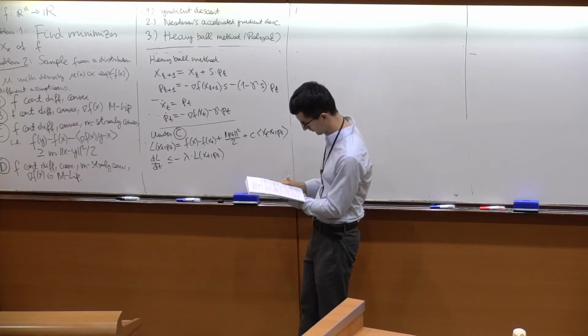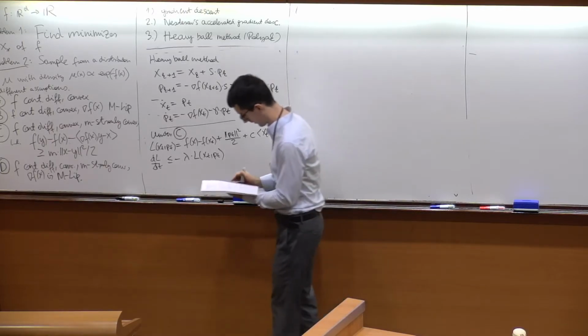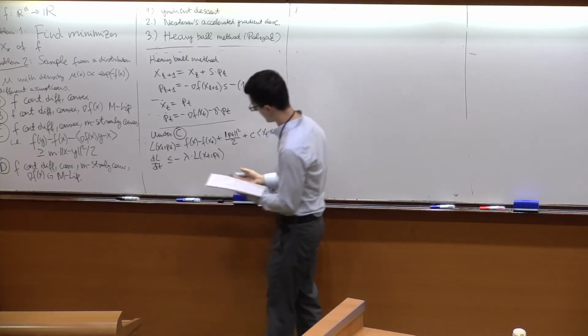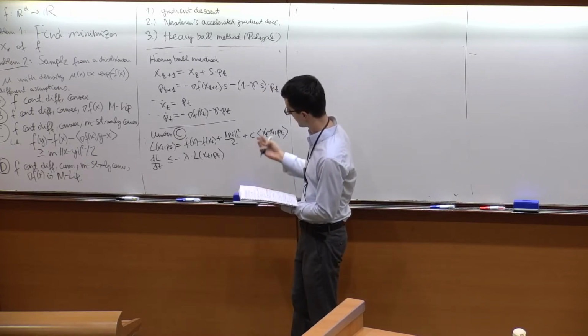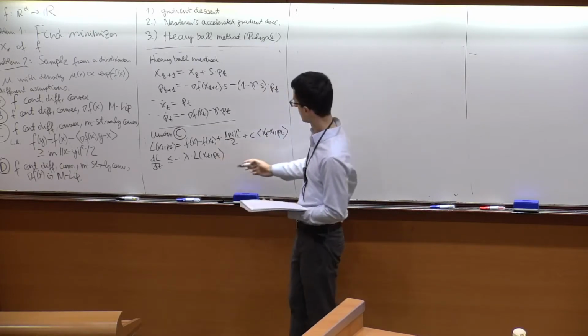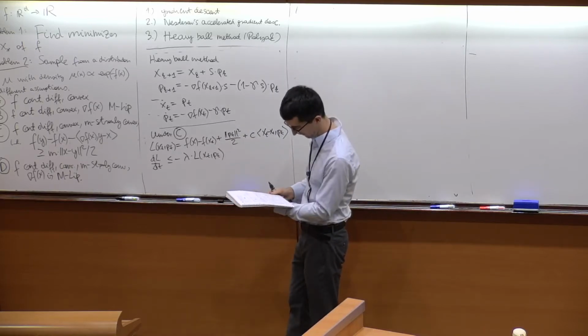And then you can get similarly geometric or linear rates for the discrete version of this using the same type of function here.